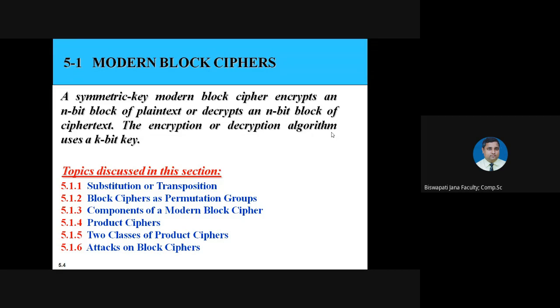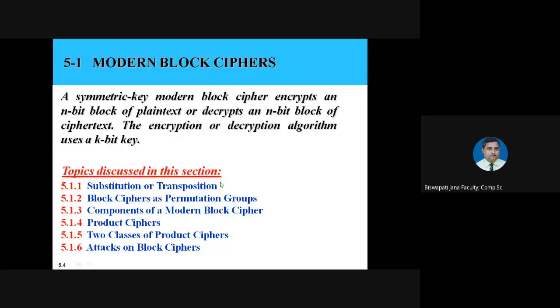So obviously we consider the bit level of the plain text. Any multimedia document, text, image, audio, video is converted into bits. Then we take the block of bits. Okay, n bits are taken and a k-bit key is considered.